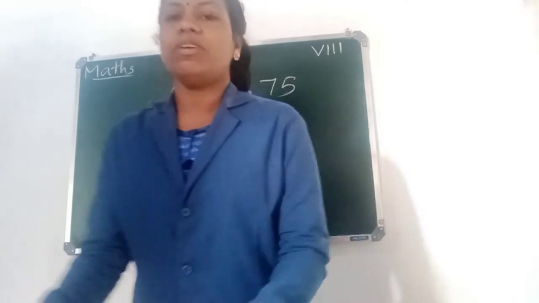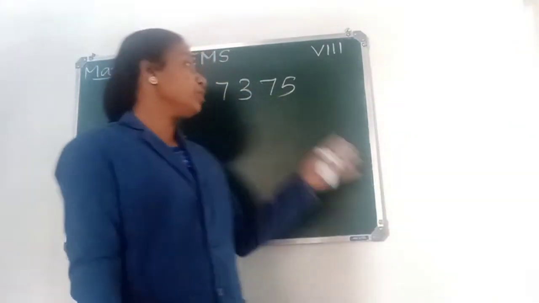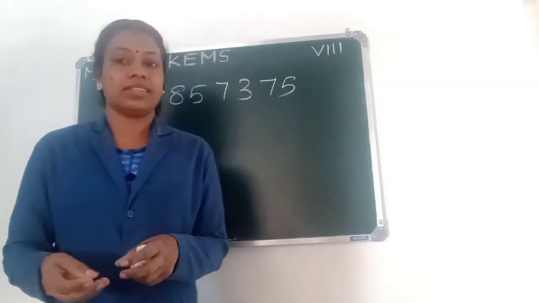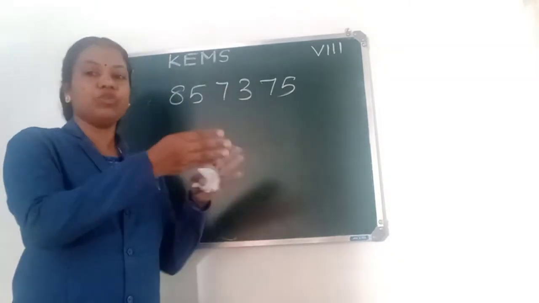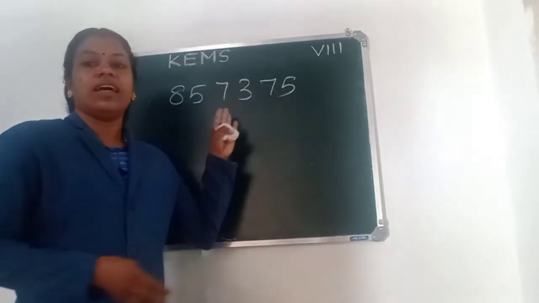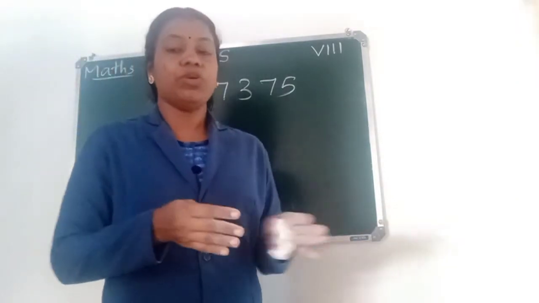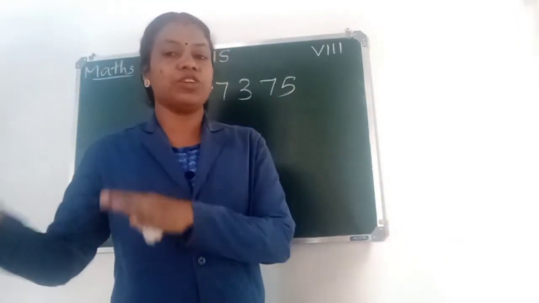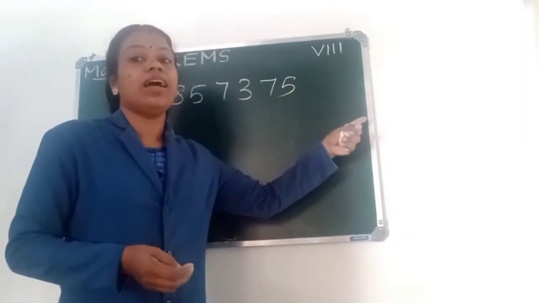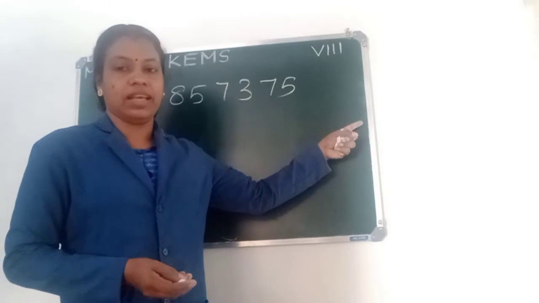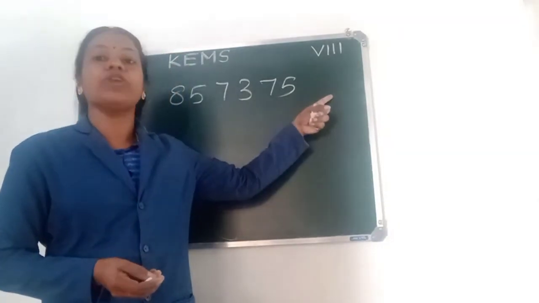For that, first we group the numbers as 3 digits each. Divide the number into groups, each group having 3 digits. Start grouping from the last place itself.